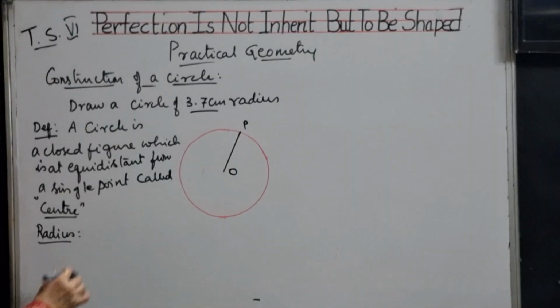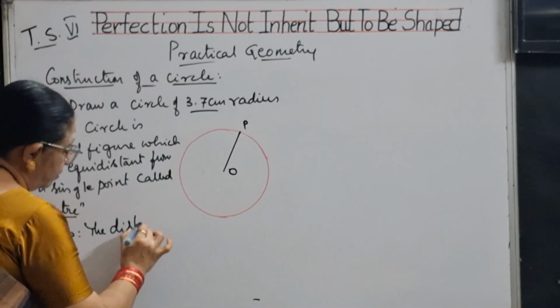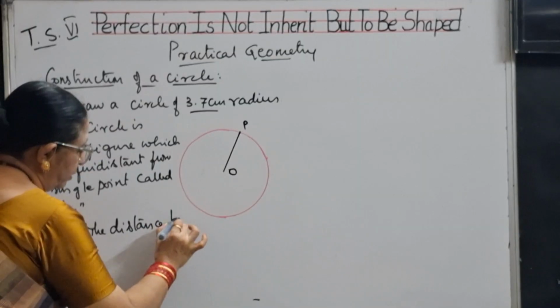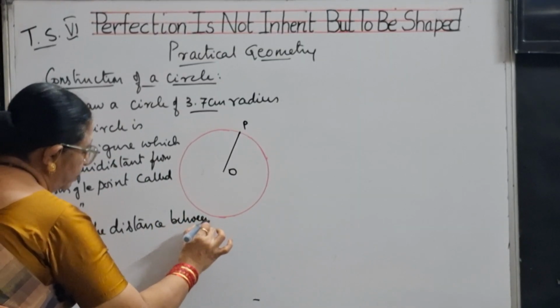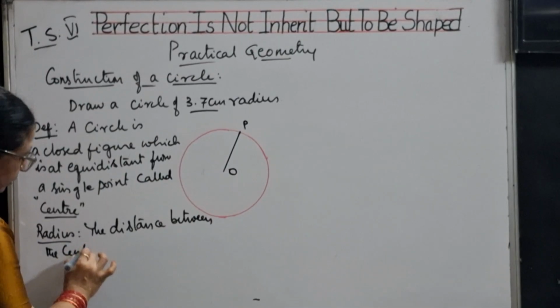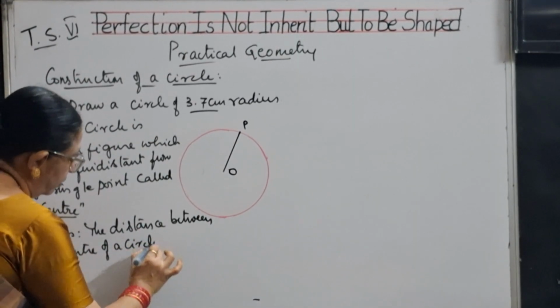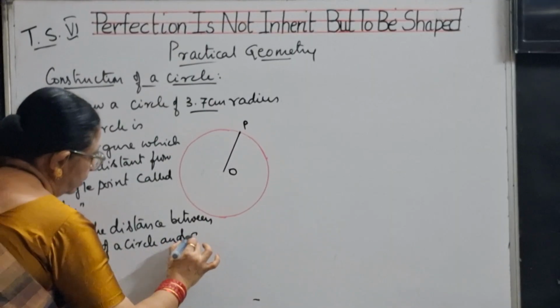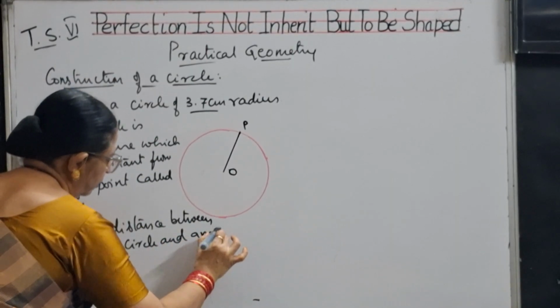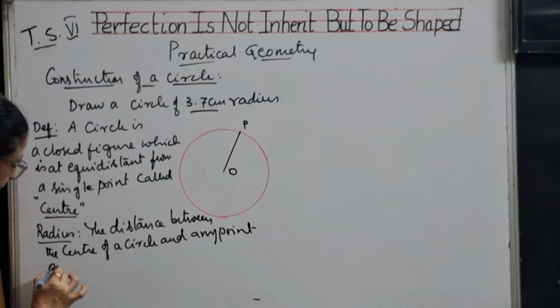What is the radius? The distance between the center of a circle and any point on the circle.